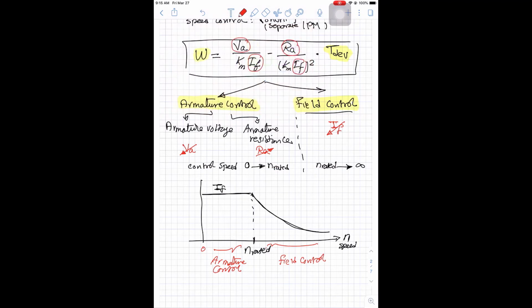Now if we sketch the armature voltage, for armature control we change V armature from 0 up to V rated, and this is IF rated, and after that V armature will be constant. As you can see, in field control the armature voltage is constant, and in armature control the field is constant. This graph shows us how we can do armature control and field control.